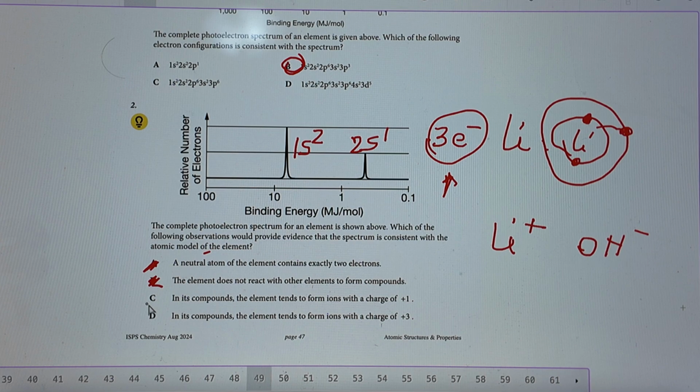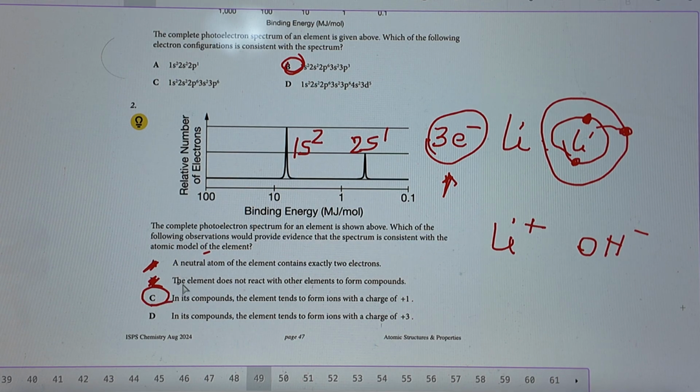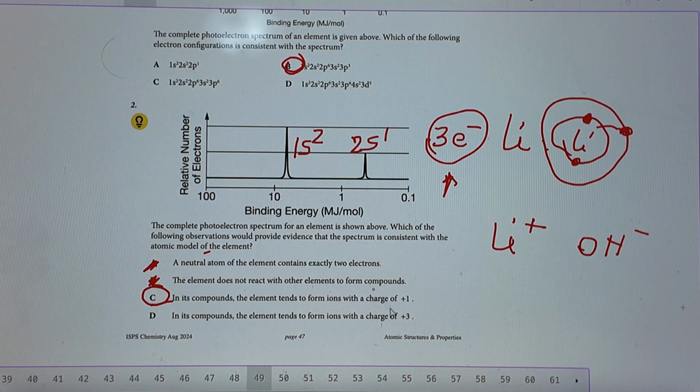So the answer would be C for this one. It definitely wouldn't end up with a charge of +3, right? Because there's enough protons and electrons to make its charge neutral. There's no way it would be +3. Okay, moving on to the next question.